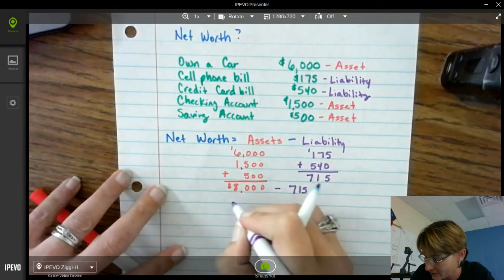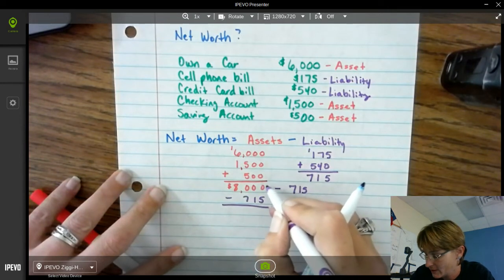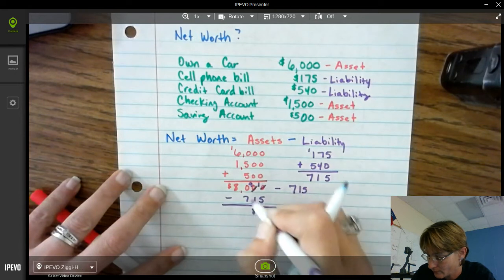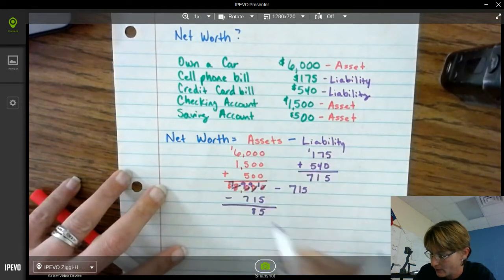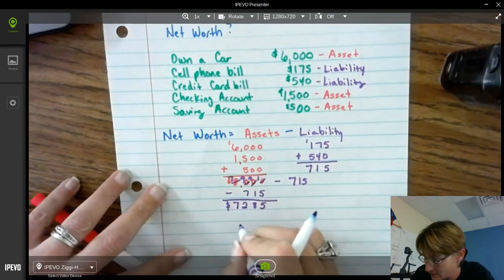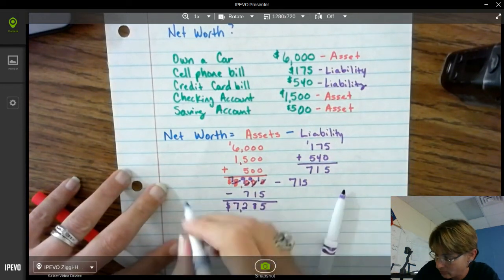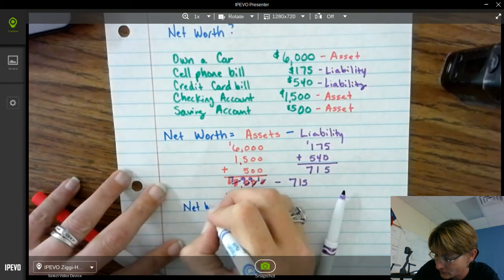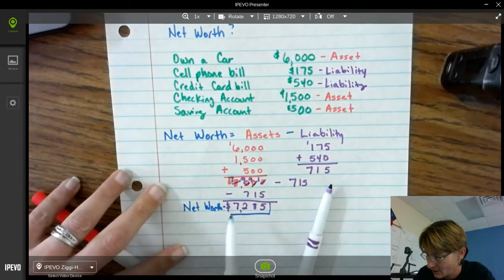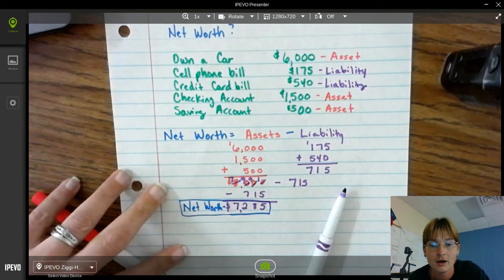So 8,000 minus the 715. I'm going to put this underneath so I can do the subtraction. We need to borrow again, and we should end up with 7,285. So our total net worth, if this is what we had listed, would be 7,285.